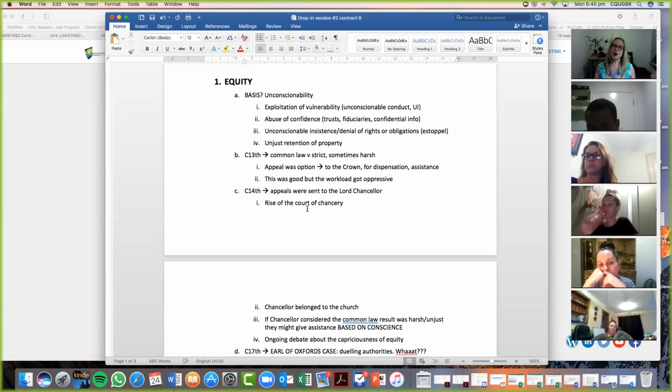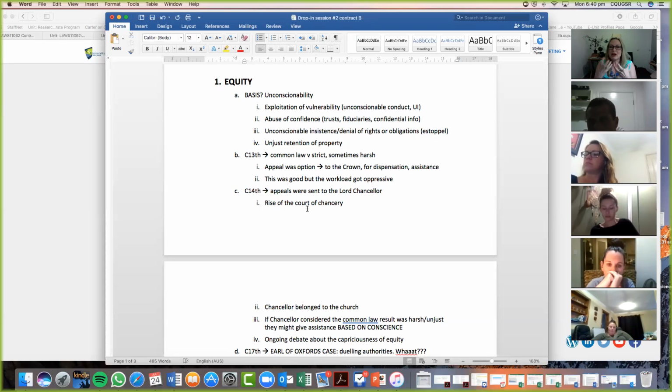So we know that there is a difference between the results sometimes, not always, but sometimes, where equity will step in and mould the result in a case according to what is perceived to be the good conscience dictates of that particular circumstance.